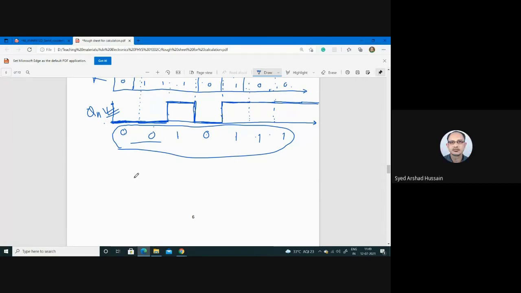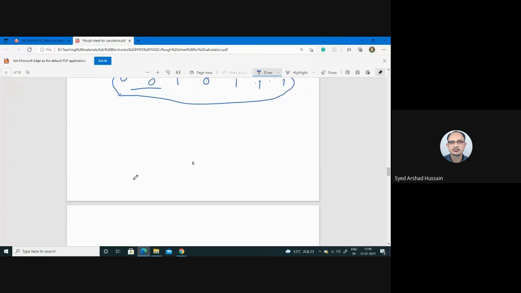Now one homework, prepare the truth table for the circuit shown below.